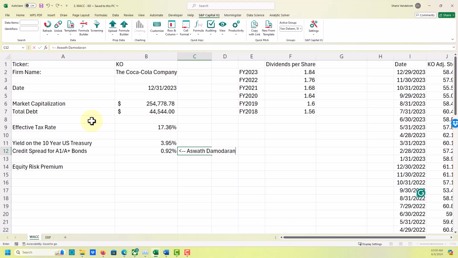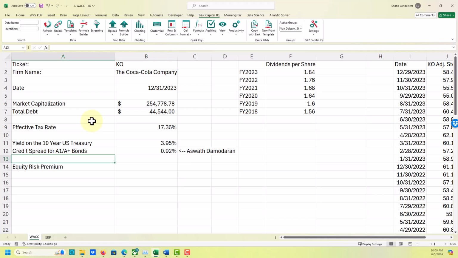He calculates these credit spreads, and so that's where I got that credit spread. It's actually very close to the difference between the yield to maturity on approximately the 10-year bonds for Coca-Cola and the risk-free rate at the time that I record this.